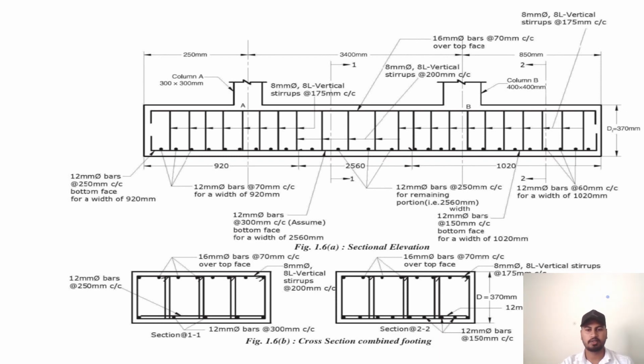Now looking at the cross section of the combined footing, there are 16 mm dia bars at 70 mm center to center over the top face, while 12 mm dia bars at 250 mm center to center at the bottom face.